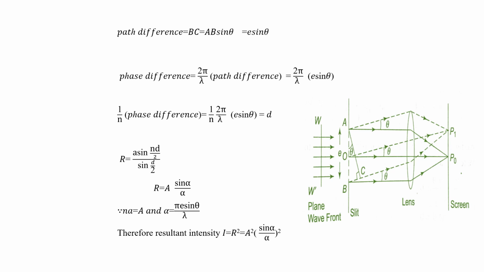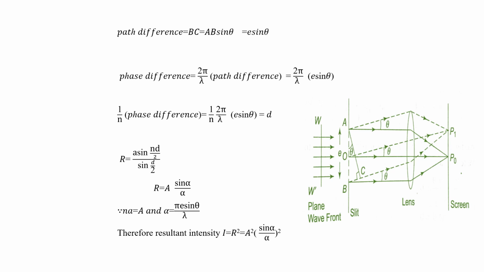When you observe, the path difference is given by BC, which is equal to AB sin theta. Sin theta is opposite by hypotenuse. The opposite is BC and the hypotenuse is AB. So sin theta is equal to BC by AB, which gives BC equal to AB sin theta.